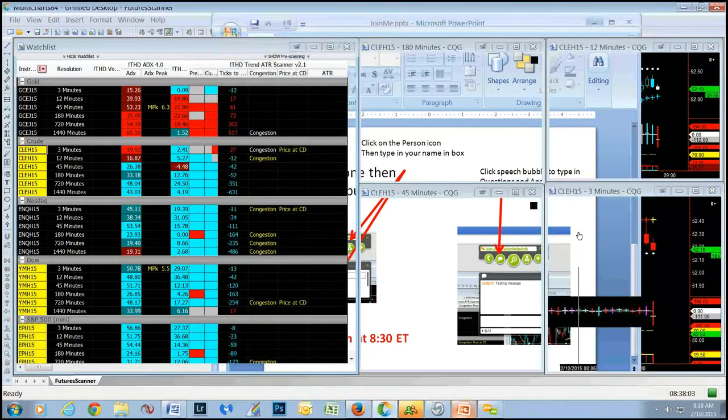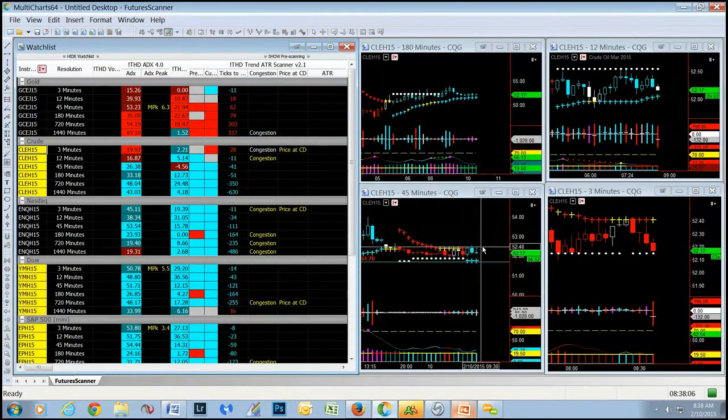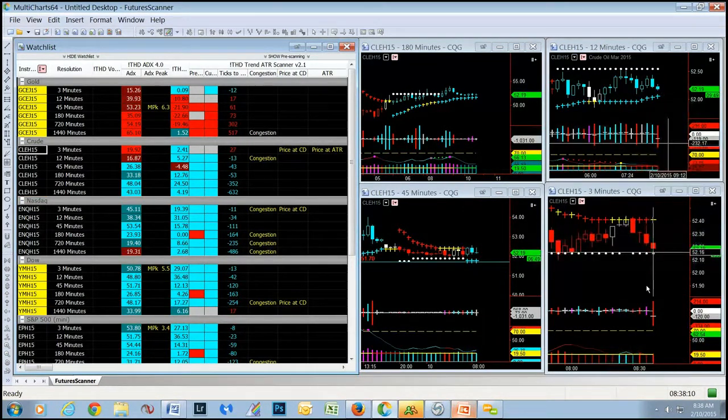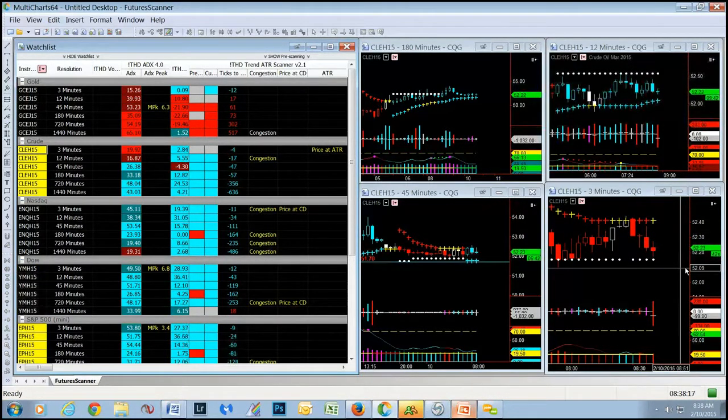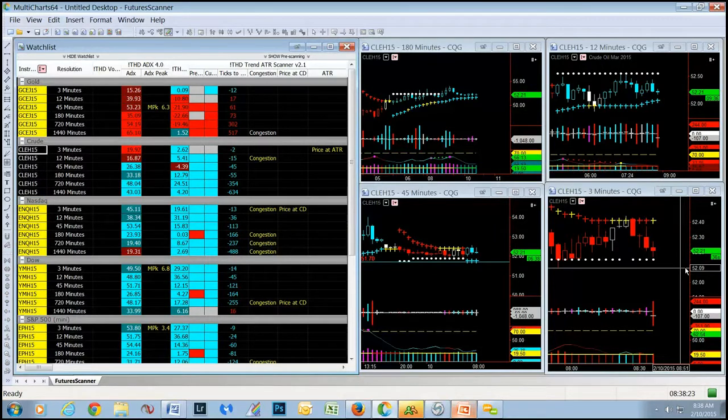You know, in this case with crude, I would take a wait and see approach. To me, it's not showing me up or down. It's showing me congestion on 3 different time frames, knowing that the 180-minute should support price because there's an ATR there. I'm not interested in trying to trade this market.